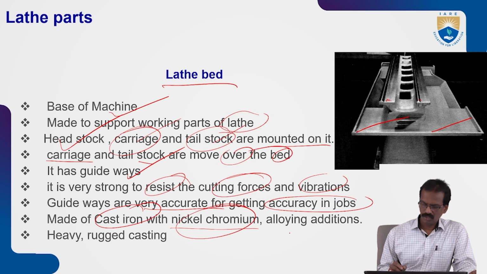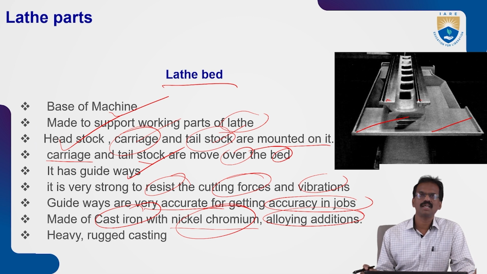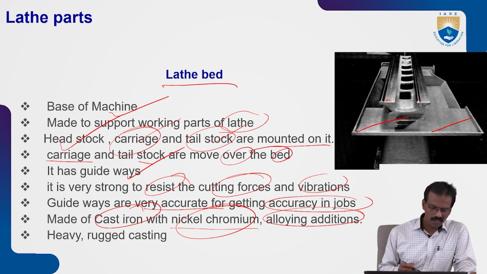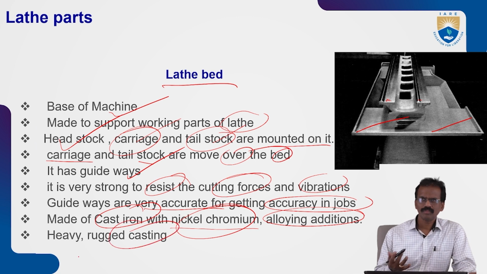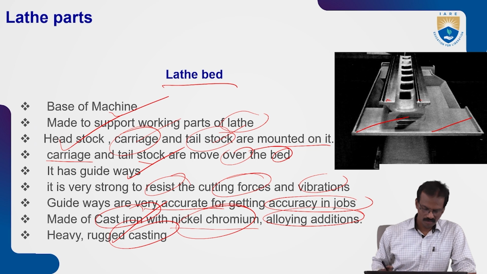Different alloying additions are also used, like nickel, chromium, and molybdenum, for the enhancement of the properties of that material. Next, it is a very rugged casting. Every part, mainly the base and bed, is made by the casting process, so you can see very heavy weight.